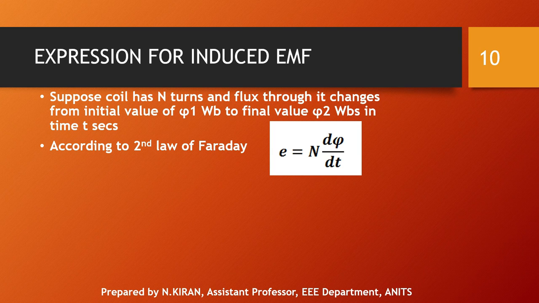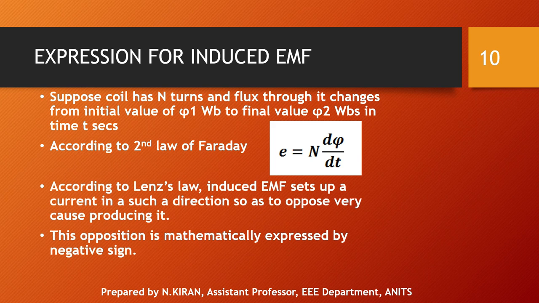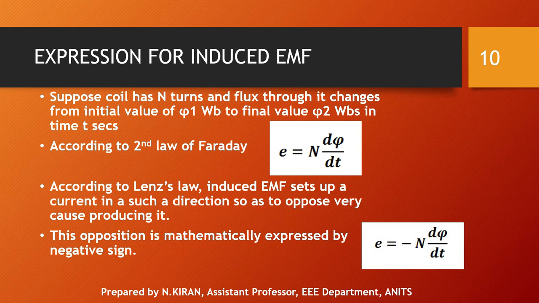That is, the magnitude of induced EMF is directly proportional to the rate of change of flux linkages. According to Lenz's law, this induced EMF will induce a current, as we have seen, in a direction so as to oppose the cause producing it. So the negative sign in the expression indicates this opposition to the cause producing it, due to Lenz's law.